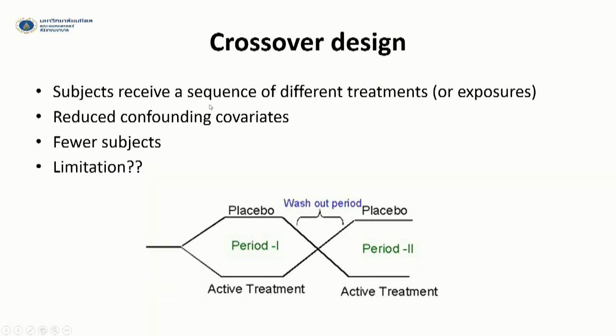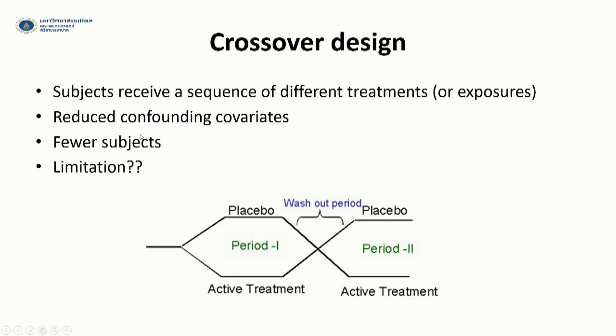And this is crossover design in detail. So subjects receive sequential different treatments, from active treatment first, and then you go to placebo control, or someone may start from placebo control first and go to active treatment. So this is the way that you can do a randomization, that someone may go into placebo first and someone goes to active first.